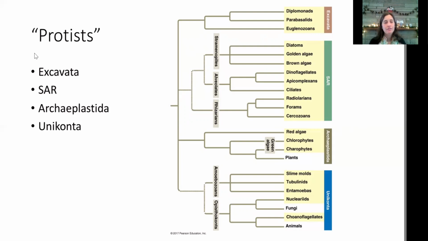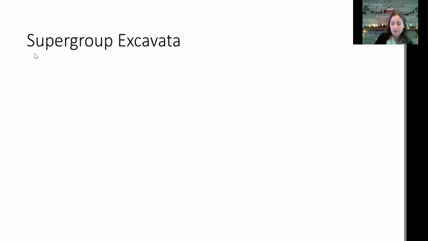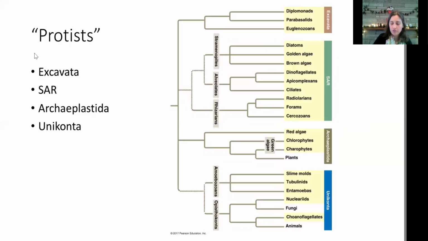Again, these classifications are changing. I'm looking at this diagram, and this diagram is different than the edition you have. I have the 9th edition of the book, and you guys I think have the 10th or 11th edition, and my diagram in my 9th edition is different because this keeps changing. You'll see things like dotted lines in these phylogenetic trees.